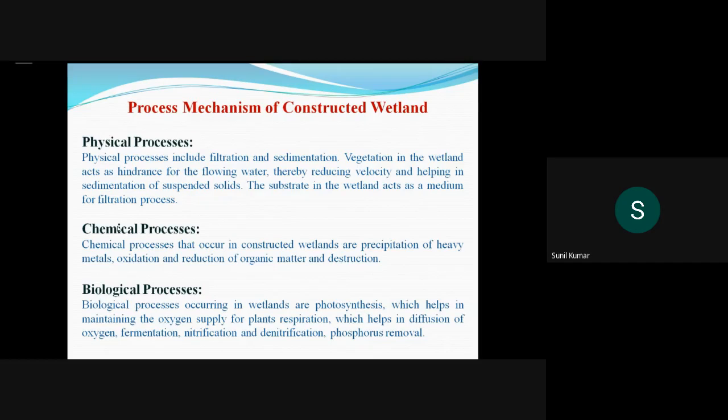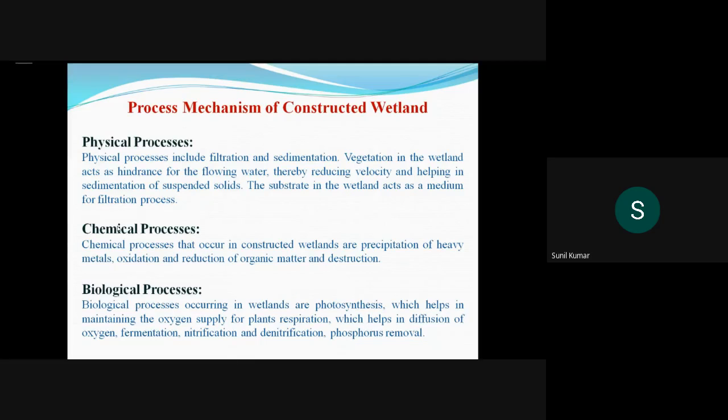In addition, based on the substrate media we use, precipitation and removal of certain elements is also possible. Some places use iron cinders for removal of certain chemicals. When phosphorus is high in the effluent, they use iron cinders as a filter media, thereby the phosphorus can be removed. So these chemical processes are also taking place.